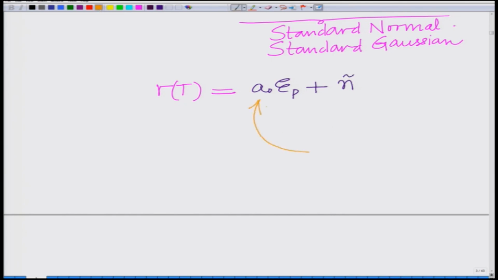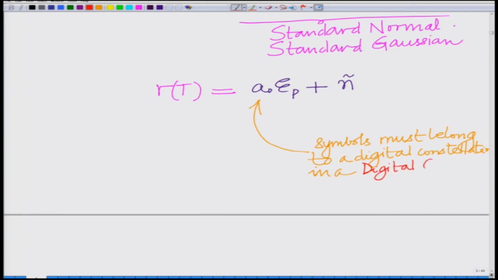In one of the very first modules, we have realized that in a digital communication system, symbols must belong to a digital constellation.